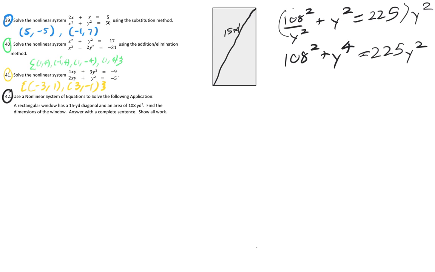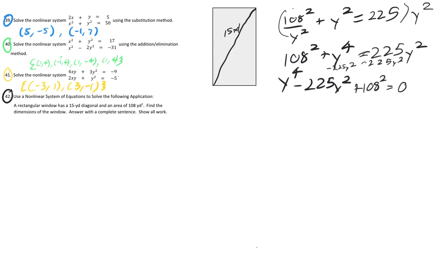Now from here, we can get all the y's on one side. So y to the 4th minus 225 y squared plus 108 squared is equal to 0.